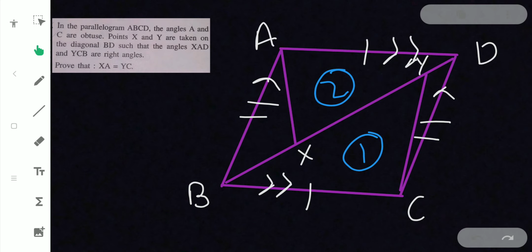So here we have to see the question, that is here we are given the angles A and C are obtuse. So now we'll get the third part also, that is this angle will be equal to this angle. So you can see here this angle will be equal to this angle.